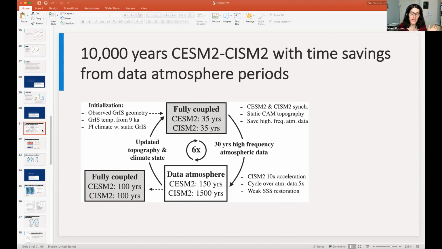So we have this transition of the basal conditions from what was produced with a shallow ice model to a higher order model as in CESM-2. And so you need some time to spin up the velocities.